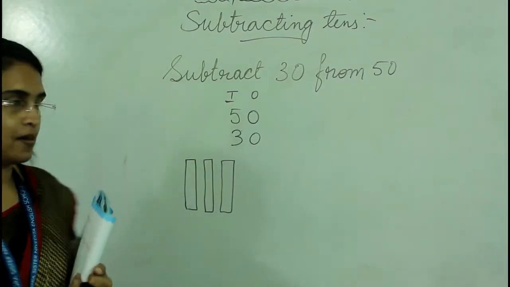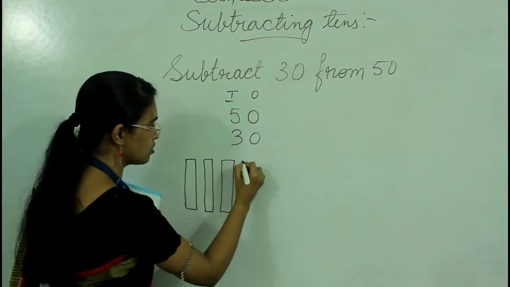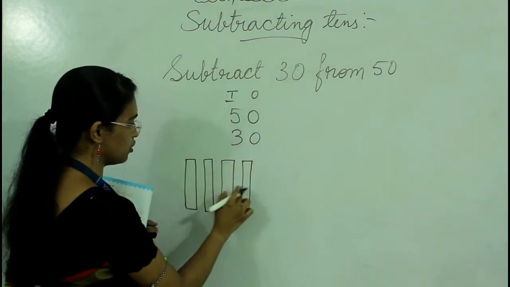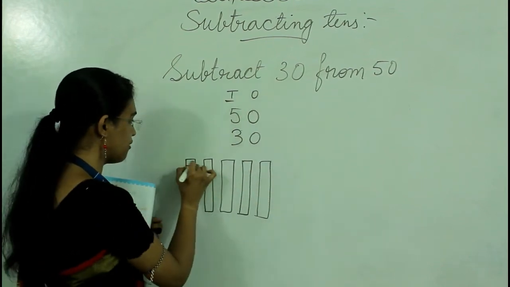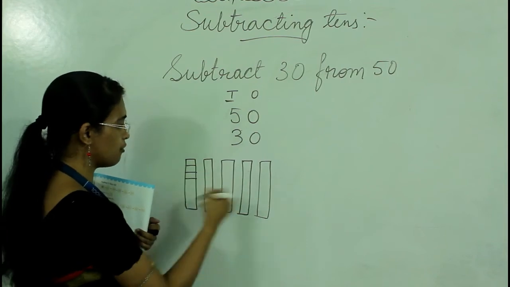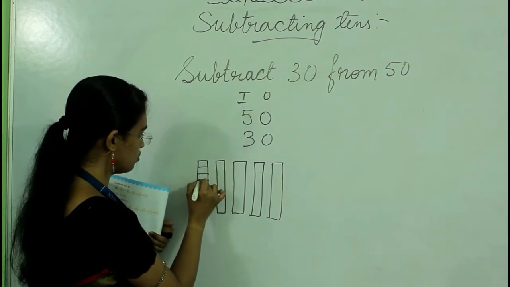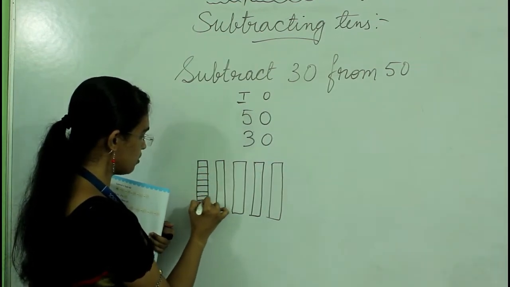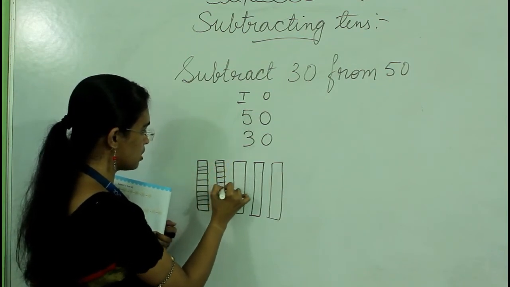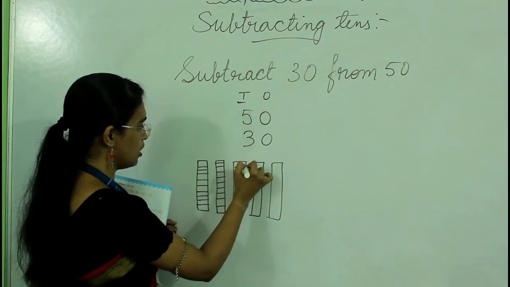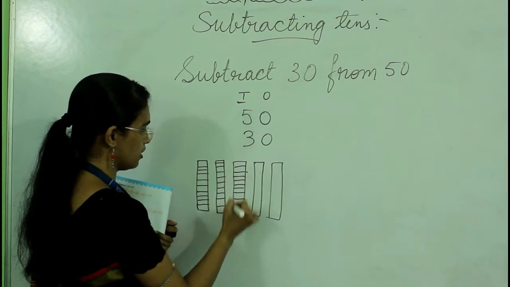We have 5 in the tens place, so that's why we have to draw how many blocks? 5 blocks. 1, 2, 3, 4, 5. Okay, and in each group we have 10 blocks. 1, 2, 3, 4, 5, 6, 7, 8, 9.